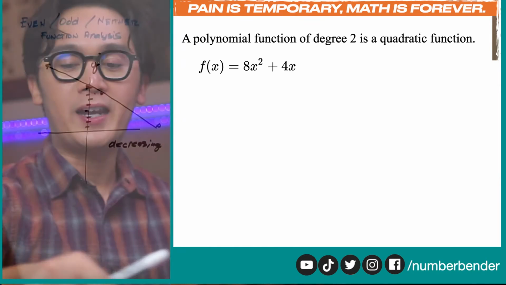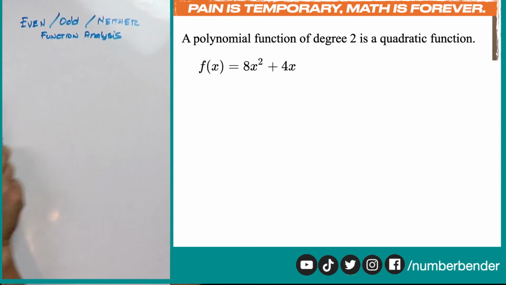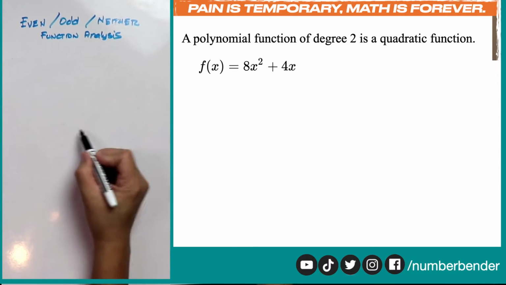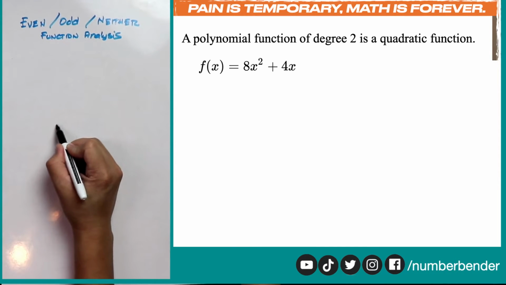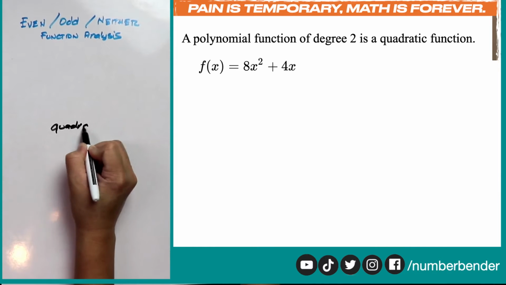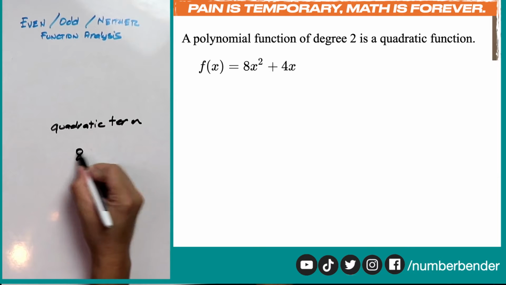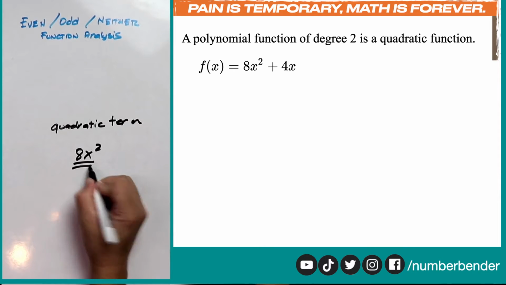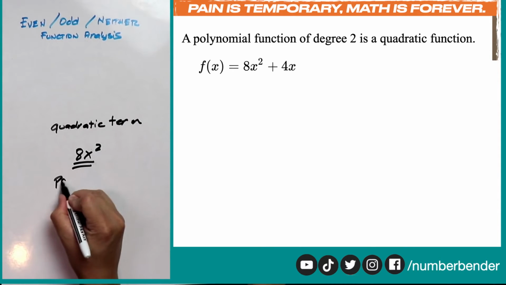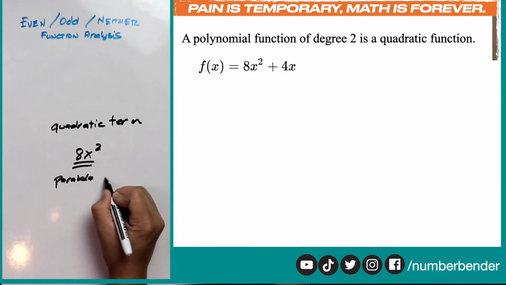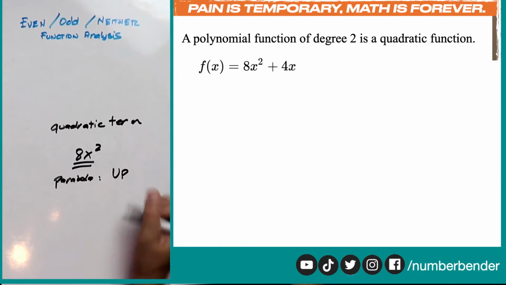And in this particular case, we can say that since our quadratic term is positive, which is 8x squared, this parabola is opening upward.